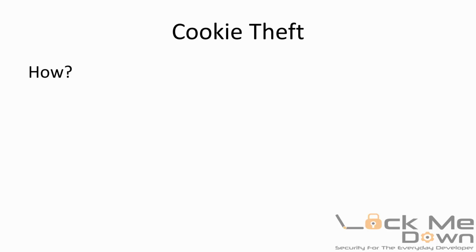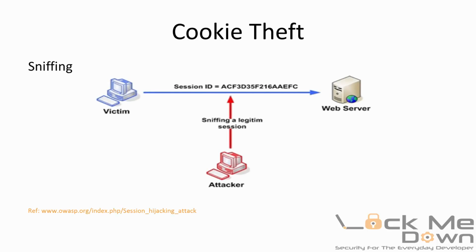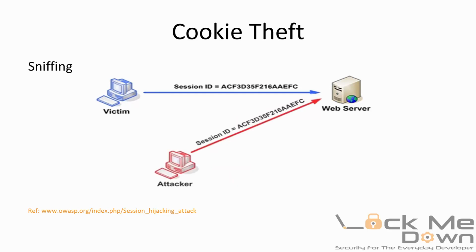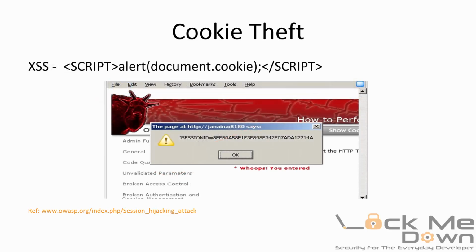Well, there's a number of different mechanisms, starting with sniffing unprotected network traffic. They can garner information about a victim's cookies that might allow them to impersonate that victim. Or through the use of cross-site scripting vulnerabilities, where a site that's been compromised might allow somebody to siphon off information in cookies.